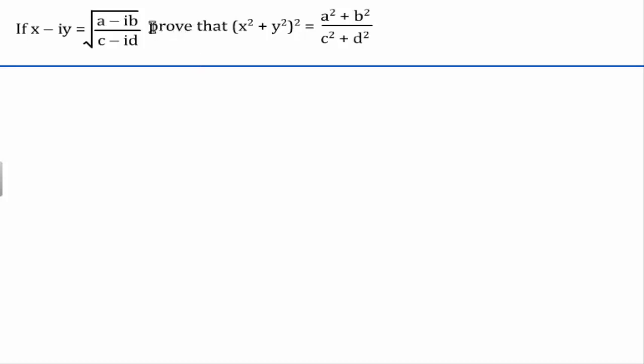In this problem, we need to prove that (x square plus y square) the whole square is equal to (a square plus b square) upon (c square plus d square) if x minus iy is equal to square root of (a minus ib) divided by (c minus id). Let us see the solution.